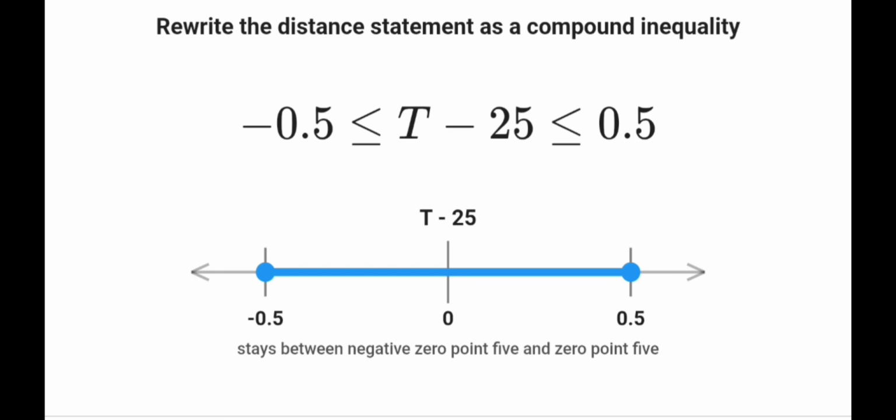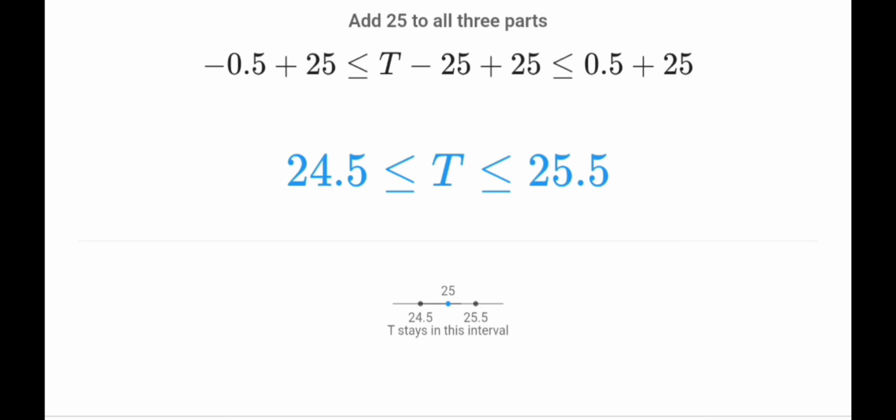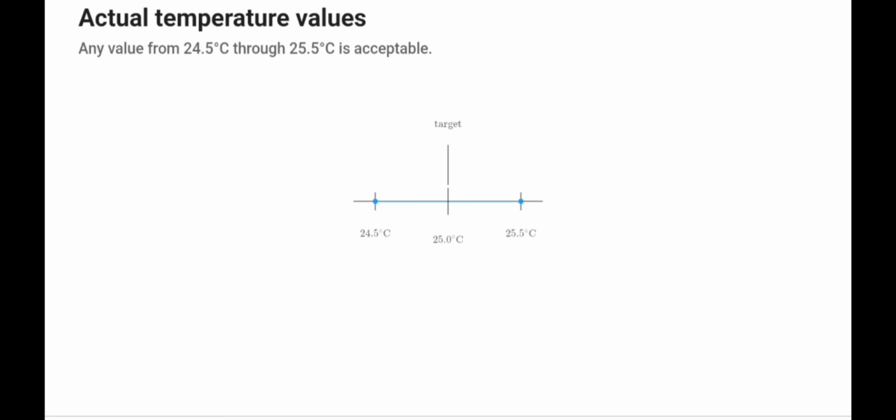Adding 25 to all three parts keeps the comparison balanced, giving 24.5 is less than or equal to T, which is less than or equal to 25.5. This means the actual temperature can be any value from 24.5 degrees Celsius through 25.5 degrees Celsius.